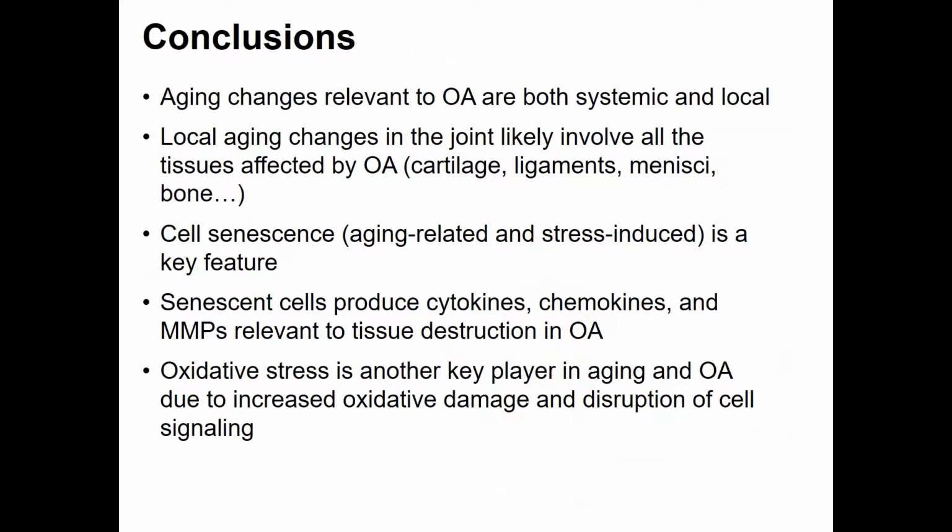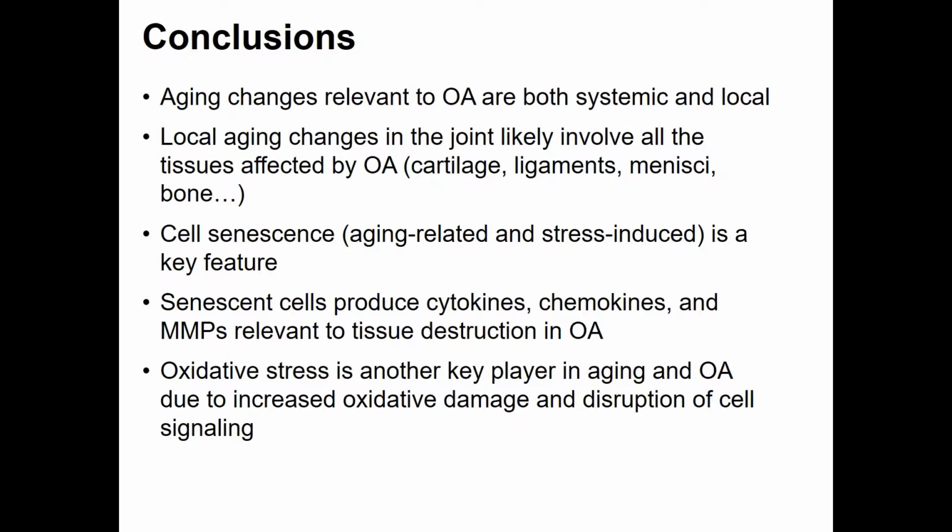So I hope I've convinced you that there are aging changes that predispose to OA or affect the development of OA that are both systemic changes as well as local changes within the joint, including changes in joint tissues, the cartilage, meniscus, bone, all of the joint tissues being involved with OA.